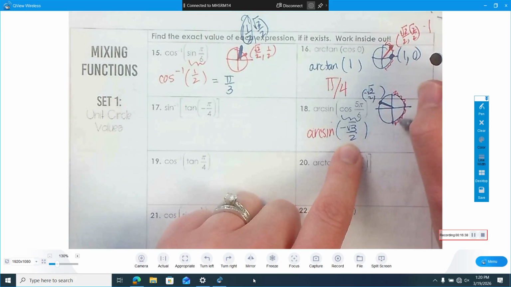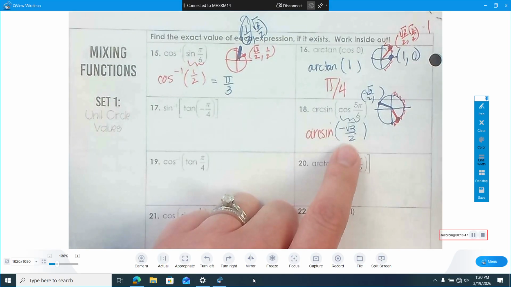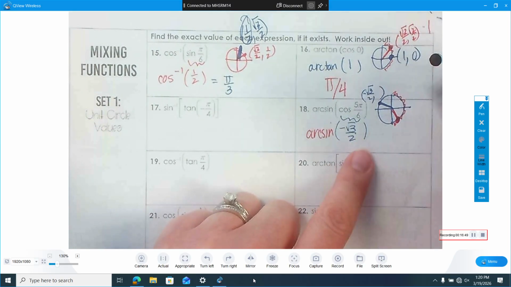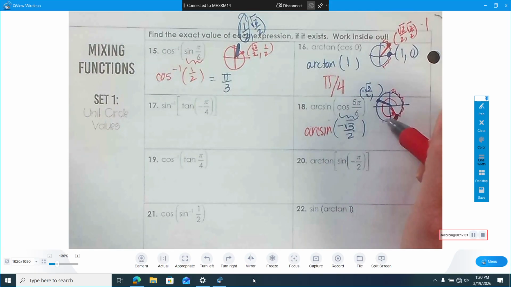It's a long leg. Ooh. Okay, I heard 5 pi over 3. 5 pi over 3 takes you all the way around, right? So 5 pi over 3, that gets us into no man's land over here.